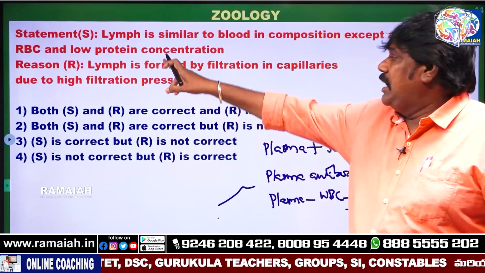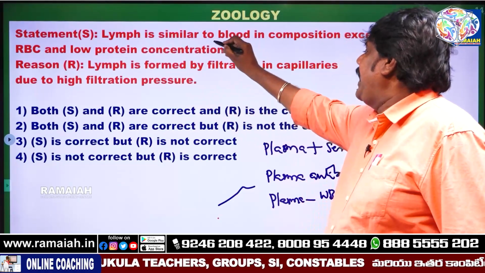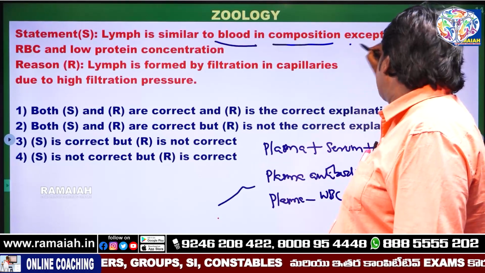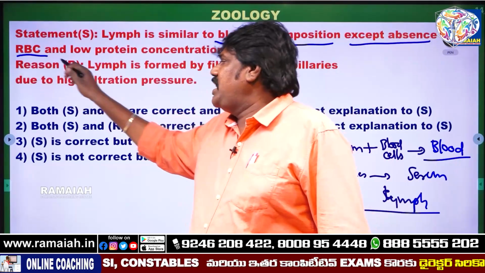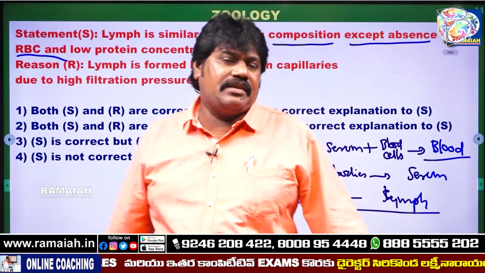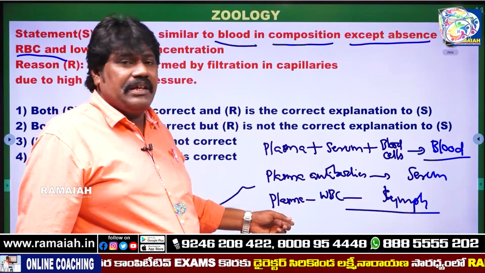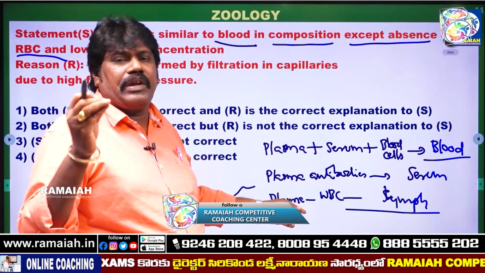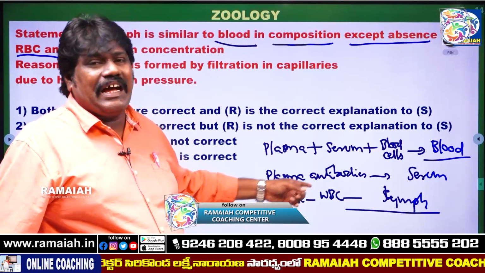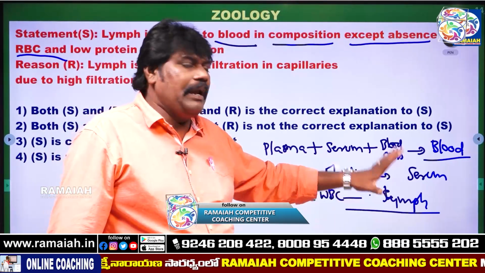So lymph is similar to blood in composition except for the absence of RBC. We write this: plasma having a little amount of WBC and lack of RBC is called lymph.